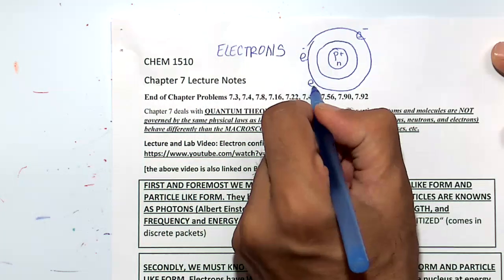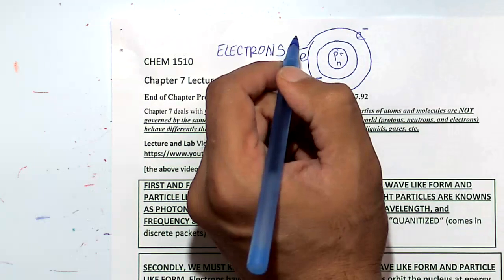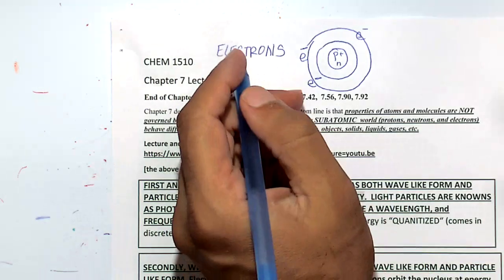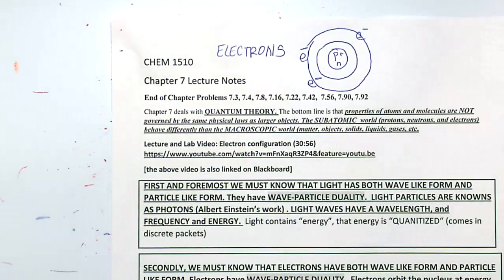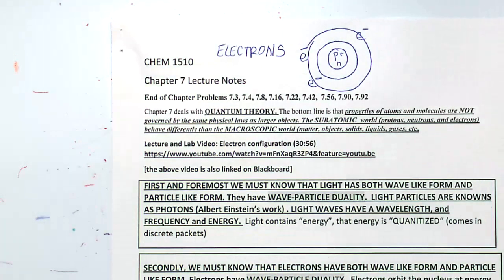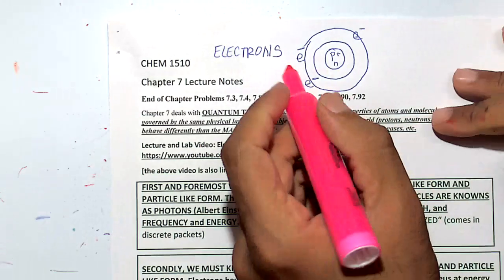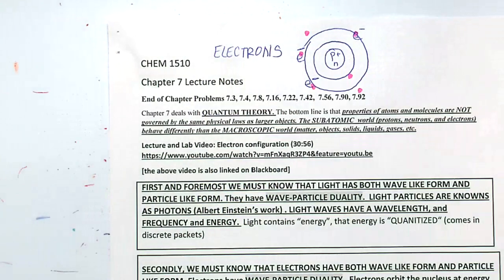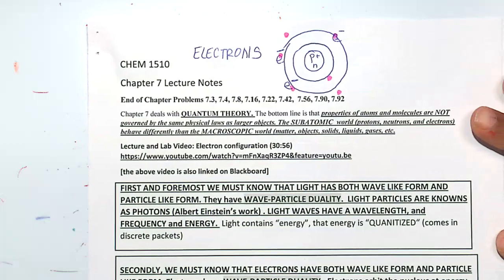It's these electrons that get exchanged in an ionic compound. It is these same electrons that get shared in a covalent compound. So here I'm going to make these electrons little orange dots. Okay, they're sort of orbiting, circulating around the nucleus, which contains protons and neutrons.